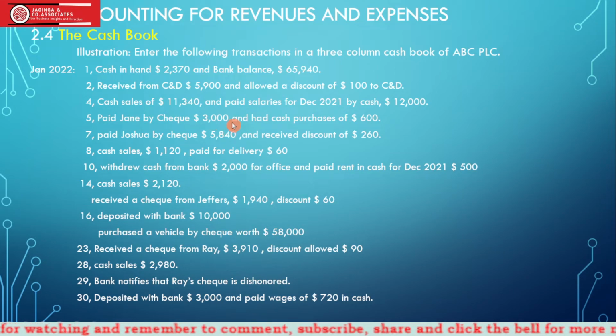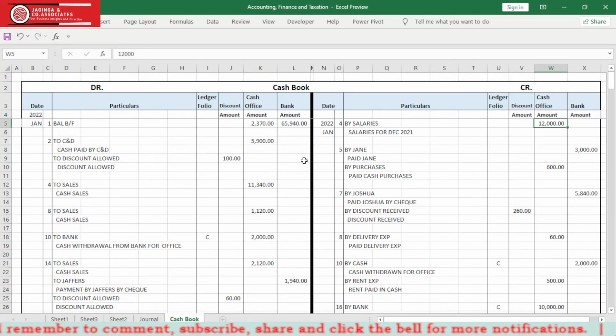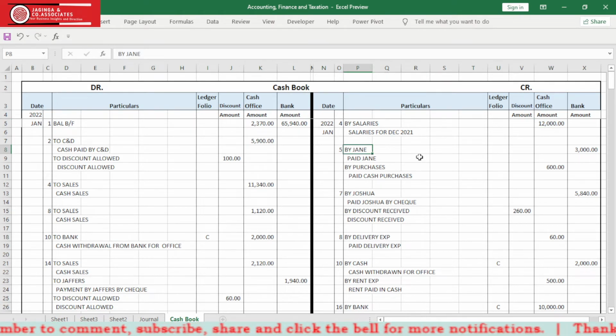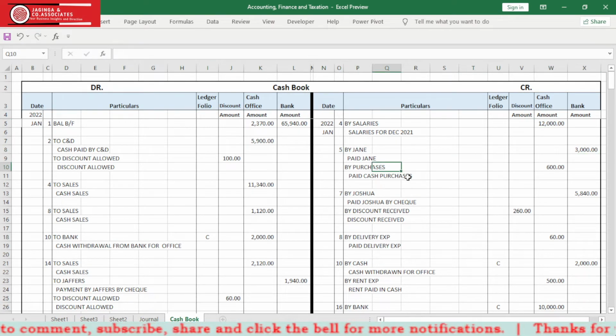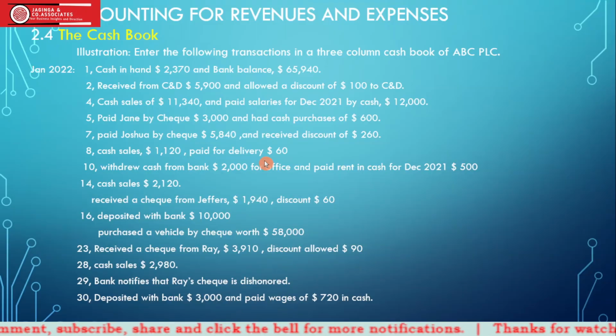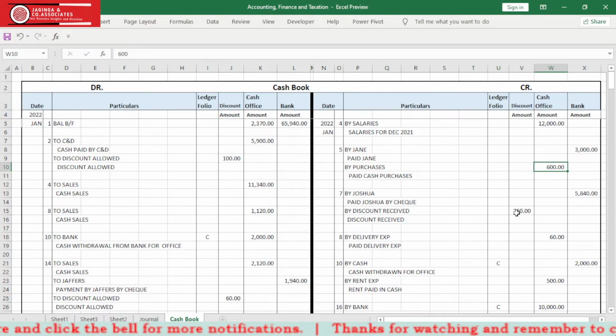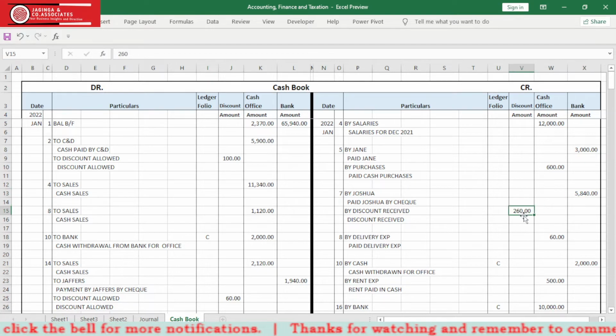Again paid check 3,000. And cash purchases of 600. So again was paid 3,000 and the cash purchases was 600. And then we have paid for Joshua by check 5840. So 5840 is here.